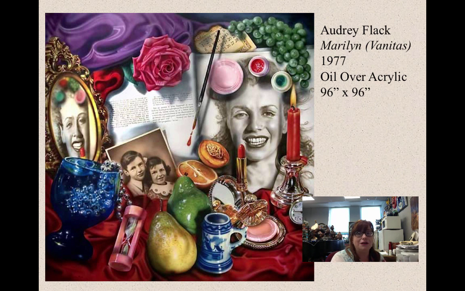So this is called Marilyn Vanitas. And vanitas, it means vanity, yes, but also it was a type of painting that was done and still is done to remind us that we're dying. We're all mortal and we're all dying, and all of these things pass.